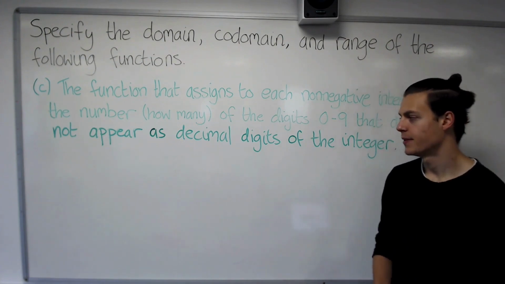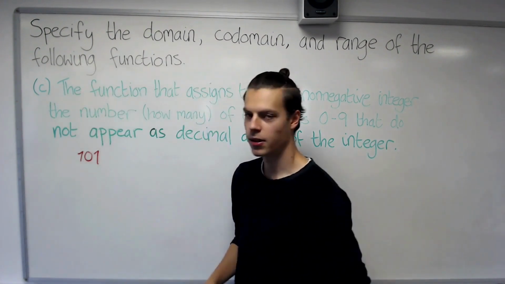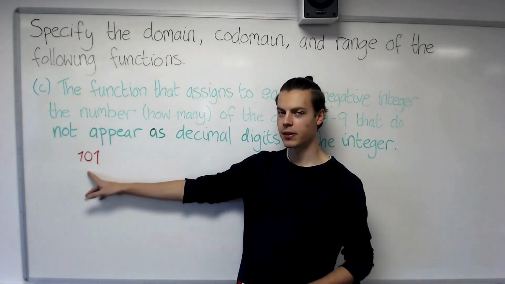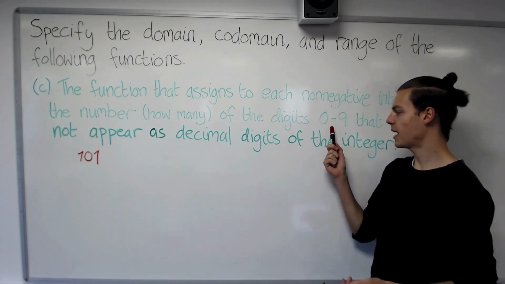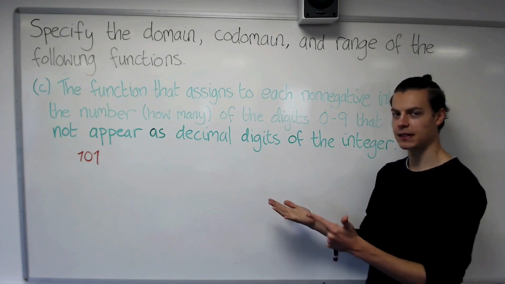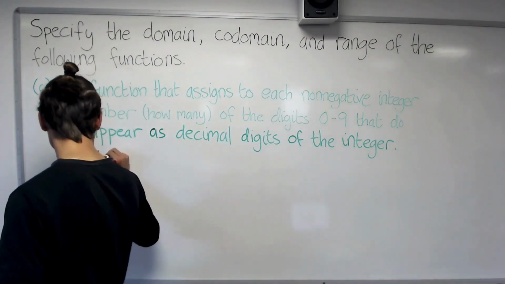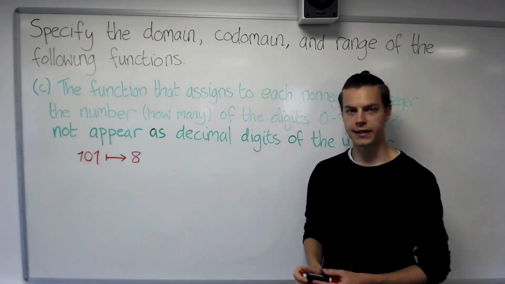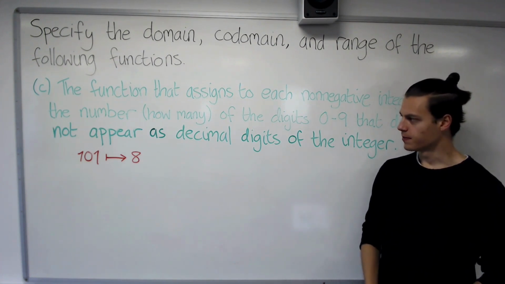So, for example, if we applied this function to the integer 101, now this includes the digits 0 and 1, so it excludes the remaining 8 of these integers, 2, 3, 4, 5, 6, 7, 8, and 9. So applying the function to 101 gives us 8. Okay. So what is the domain of this function?